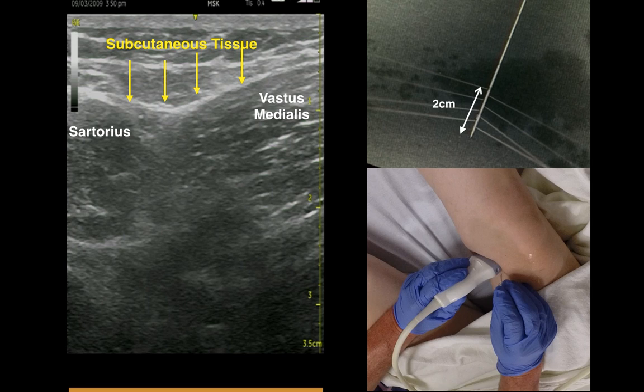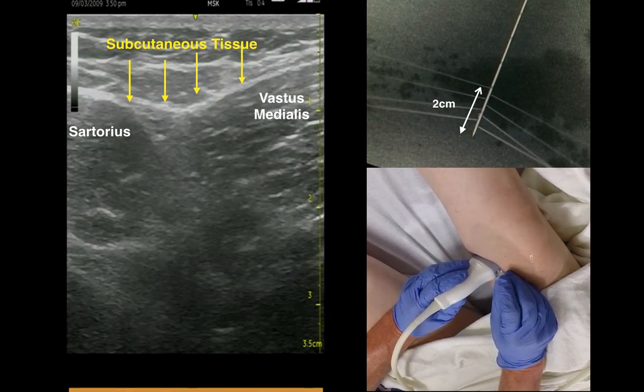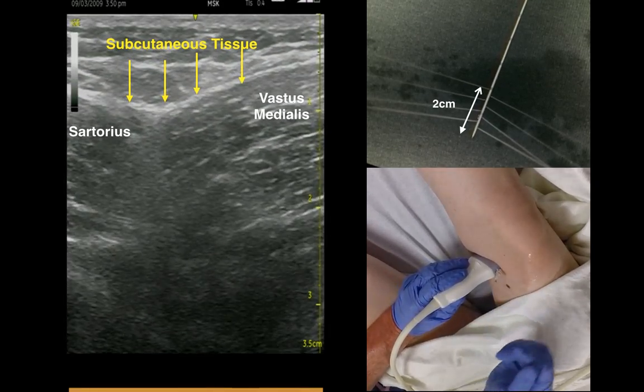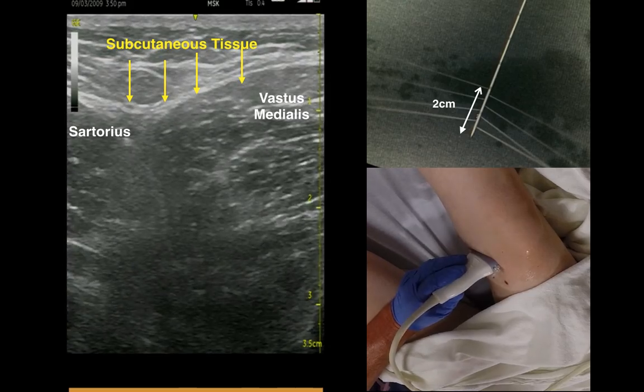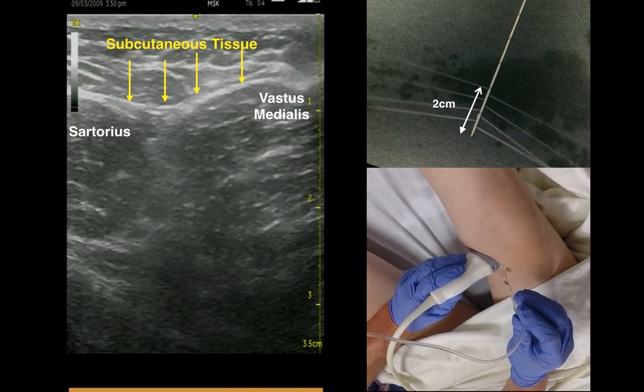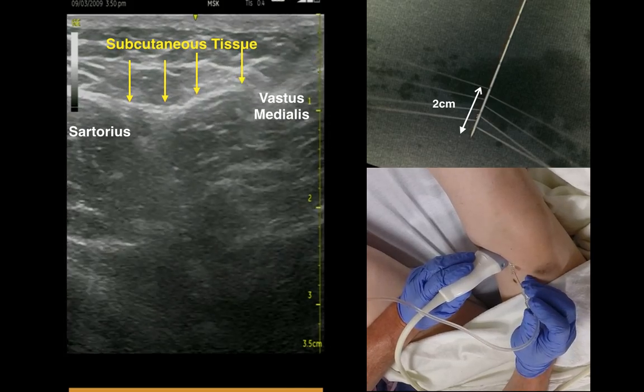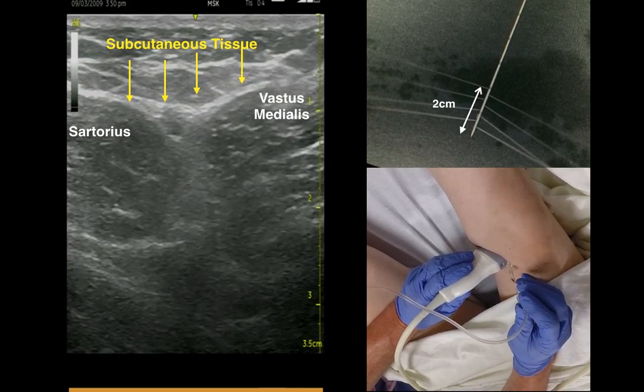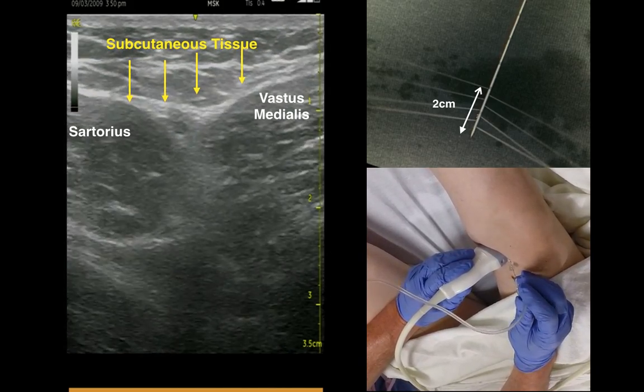Note that the pencil point needle is used with an introducer. As the needle is advanced, there is tenting of the investing fascia of the leg, as well as the fascia separating the vastus medialis and the sartorius.